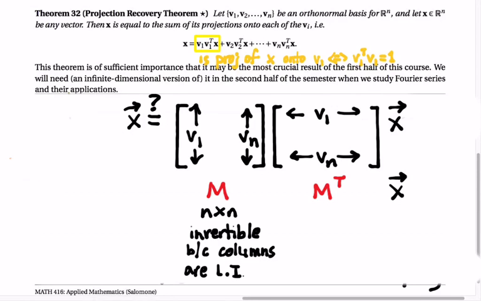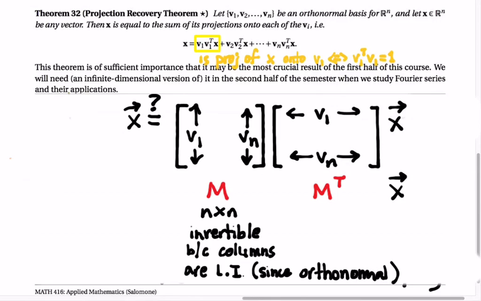The columns are linearly independent since they are orthonormal. And any orthonormal set is linearly independent by a theorem, not by definition. So we would have to convince ourselves that that's true, but we can take that result because it's an earlier result from this sheet. So because the columns are orthonormal, they are in particular linearly independent. And if the columns are linearly independent, that means that this matrix is invertible. Great.